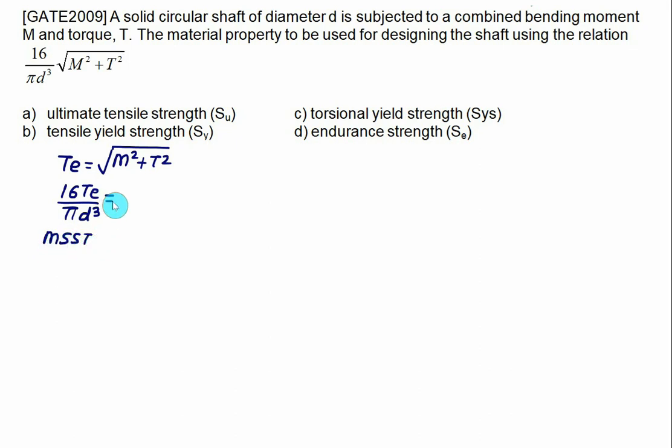So this value will guarantee you the maximum shear stress, but the absolute value, and you have to equate this value with SYS divided by factor of safety. So by maximum shear stress theory, we have tau max absolute is always equal to SYS. So in this case we are using the material property as torsional yield strength, that is SYS. Choice C is correct.